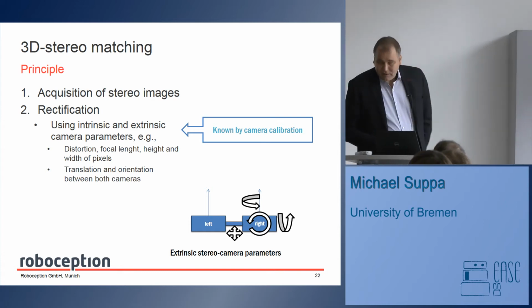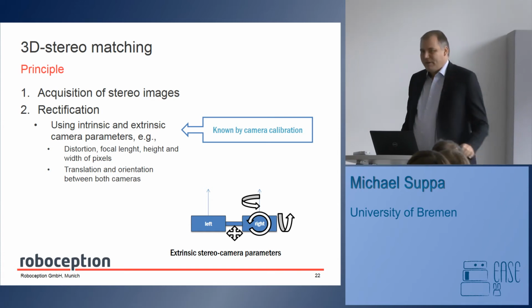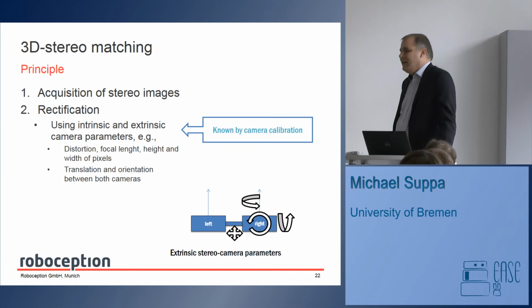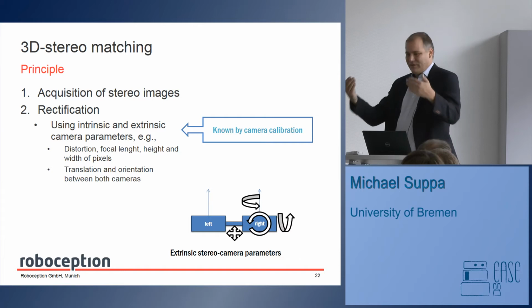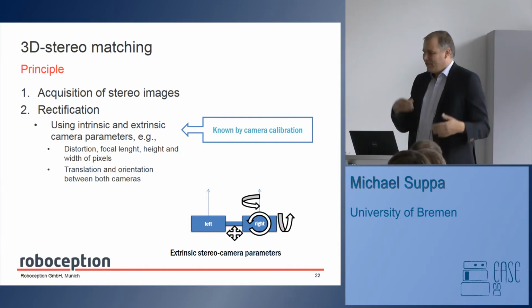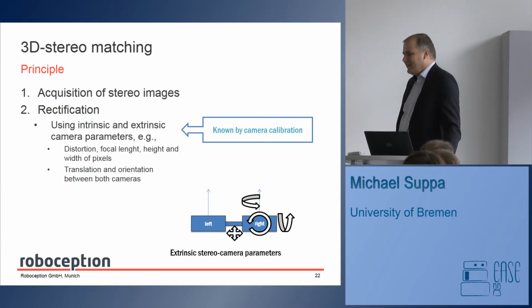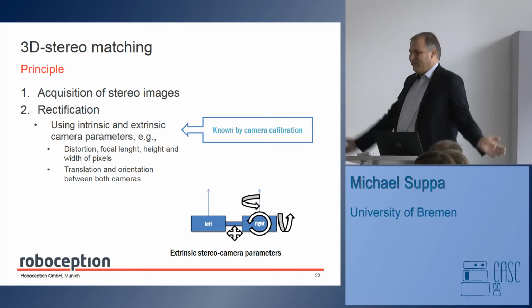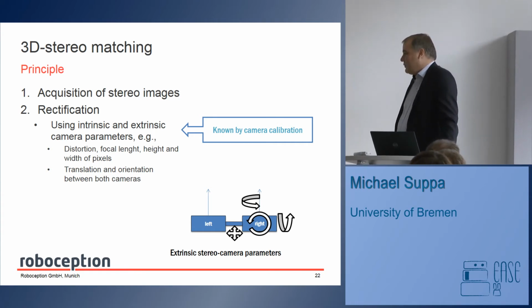You usually do this calibration by using a checkerboard pattern or some known structure. Most important is always that you use the pattern in the full field of view of the camera. That's one of the easiest calibration things. What you can do is have your pattern very small in the camera, calibrate it, and get a good result, but it doesn't apply to the full image, and that's the most common error here.